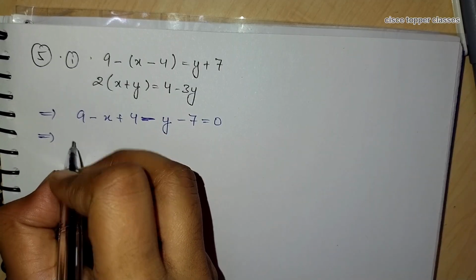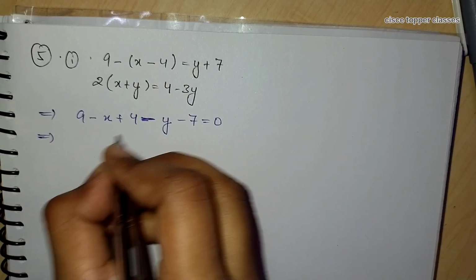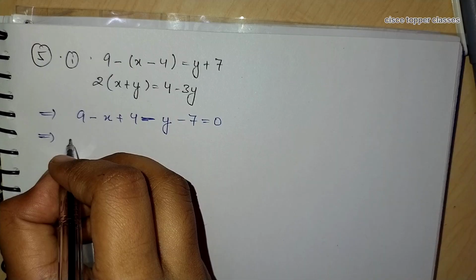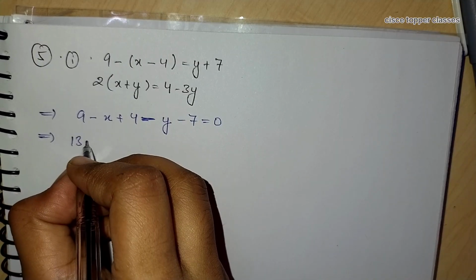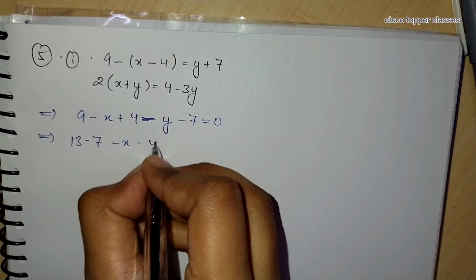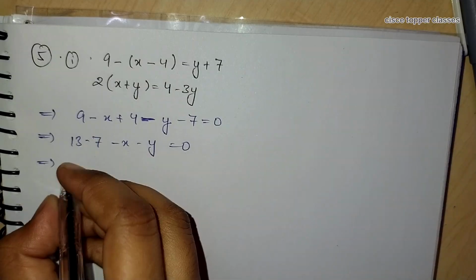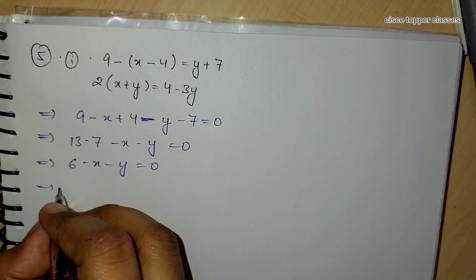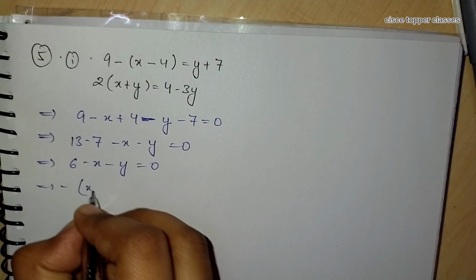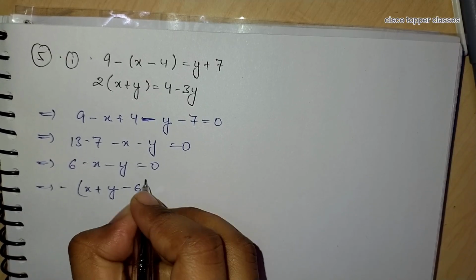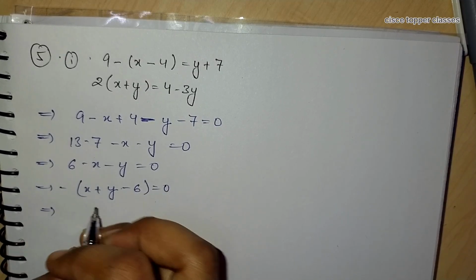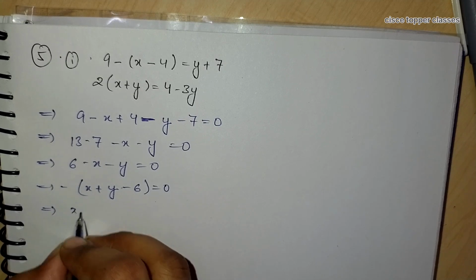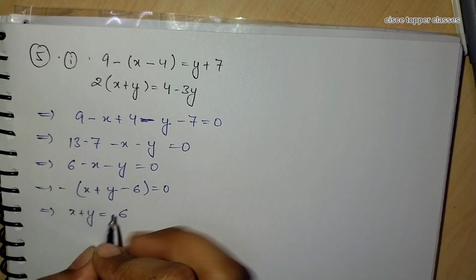We will add and subtract here, so we will get 13 minus 7 minus x minus y equal to 0. On subtracting, we get 6 minus x minus y equal to 0. Now we will take minus as common, so x plus y minus 6 equal to 0. So from here we get x plus y is equal to 6.